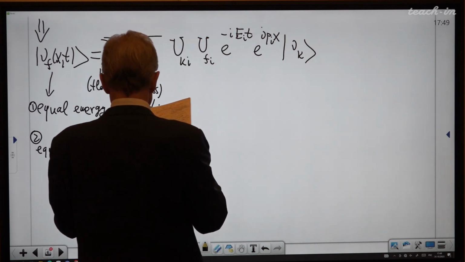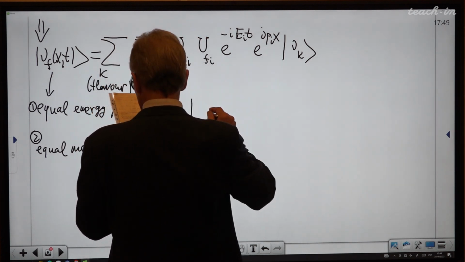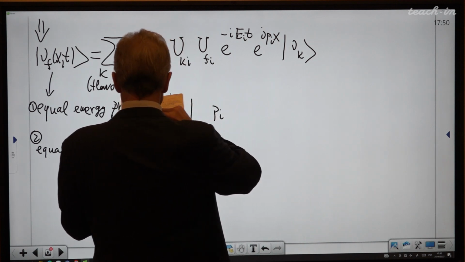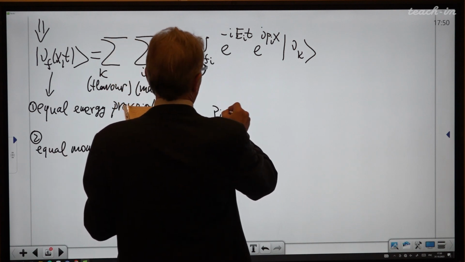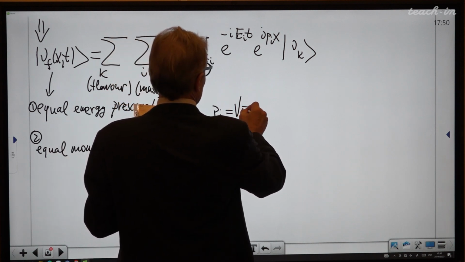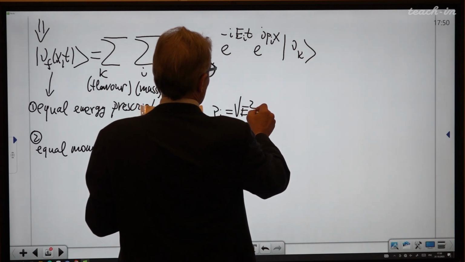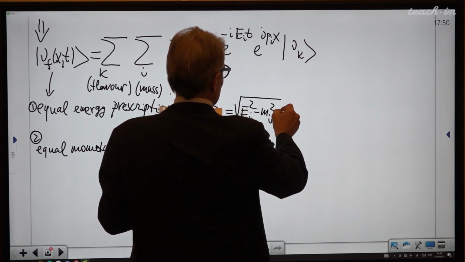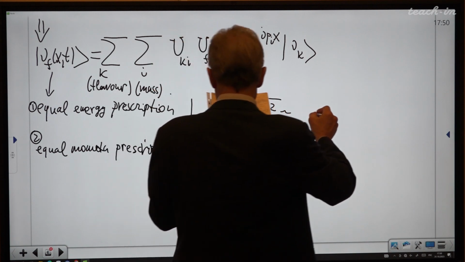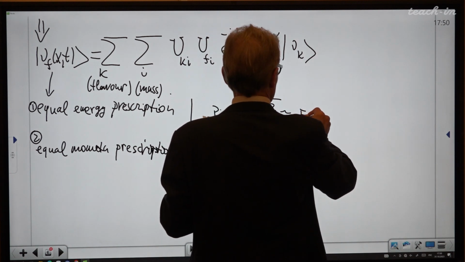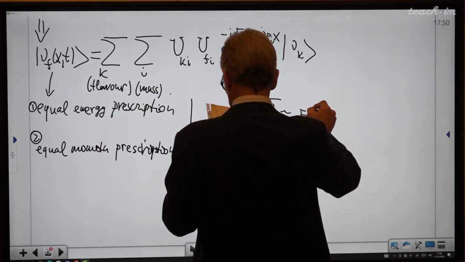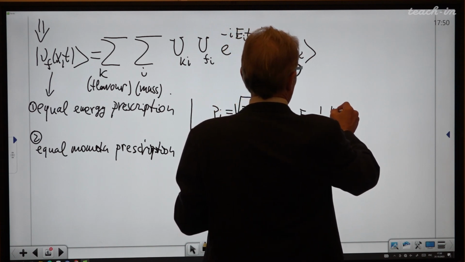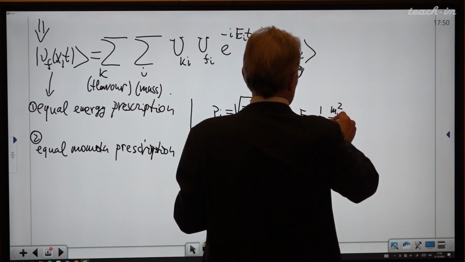In one prescription, we use the decomposition of the particular momentum, that is the square root of energy squared minus mass squared, that is energy minus one half m_i squared divided by energy.